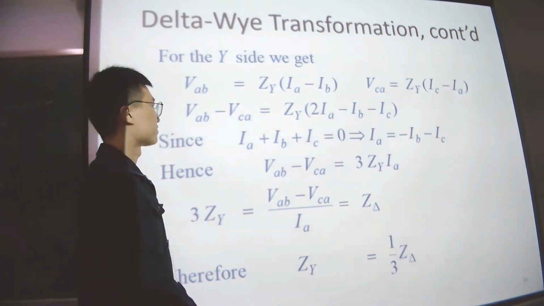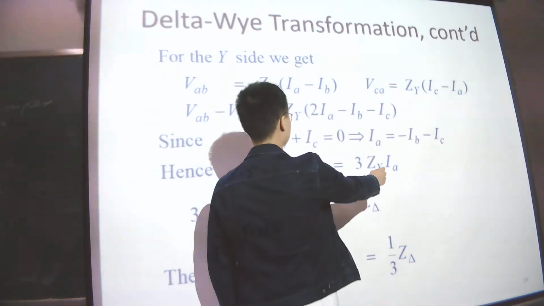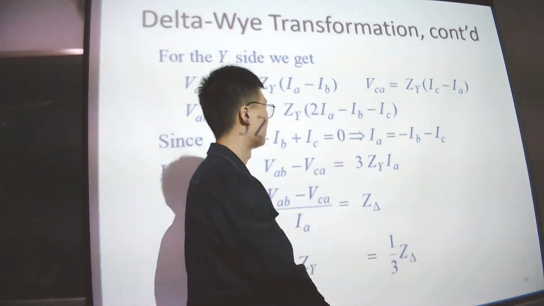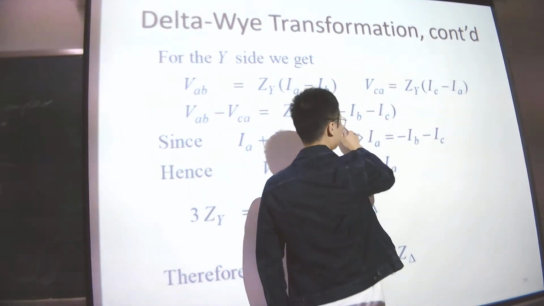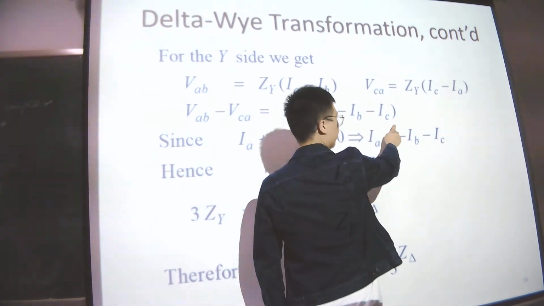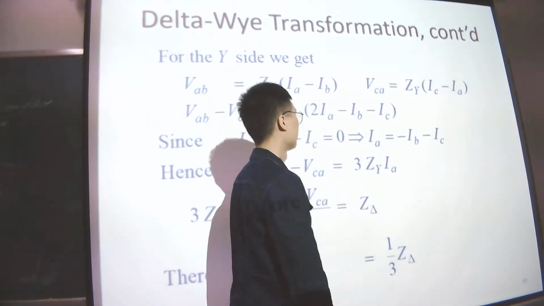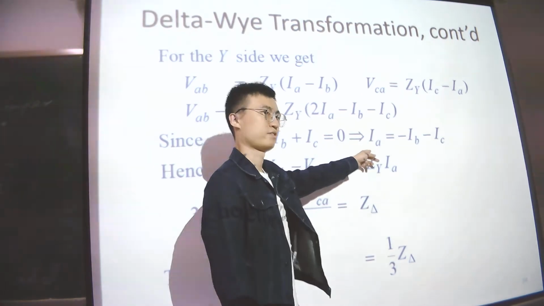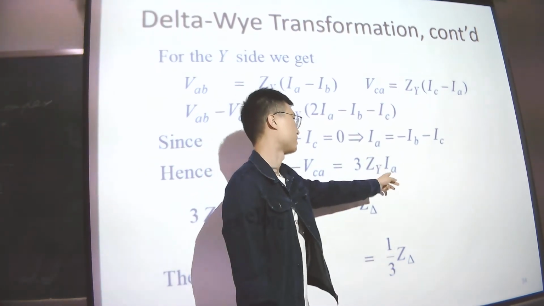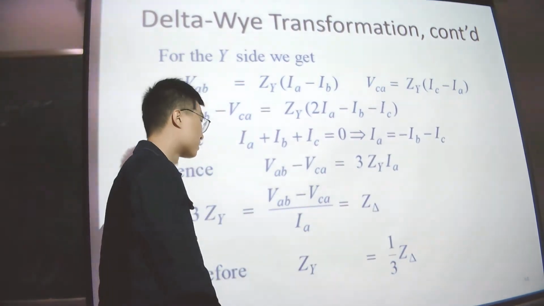right? Use these equations here. This is the current of phase A, right? So 3 times current A and Dy, right?